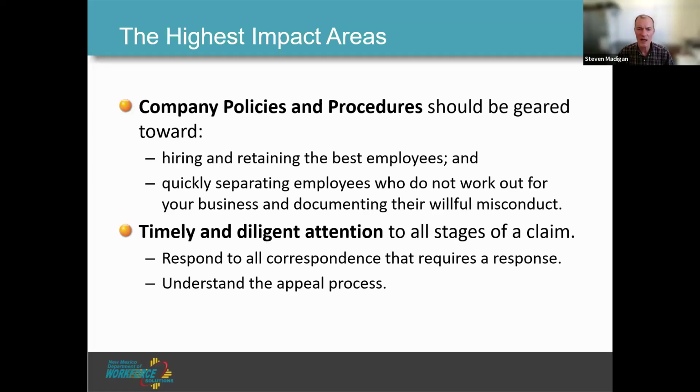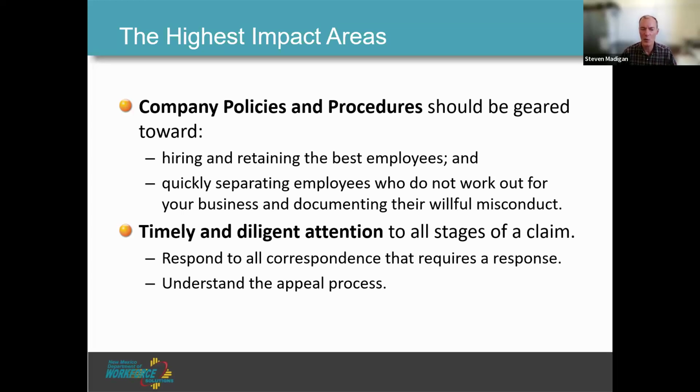So as far as policies and procedures, what's ideal is if those policies and procedures can be geared toward hiring and retaining the best employees, which is obviously something you want as well, but then also quickly separating employees who aren't working out for you in that position, and then documenting any instances of misconduct, because that is, again, something crucial in our investigation.